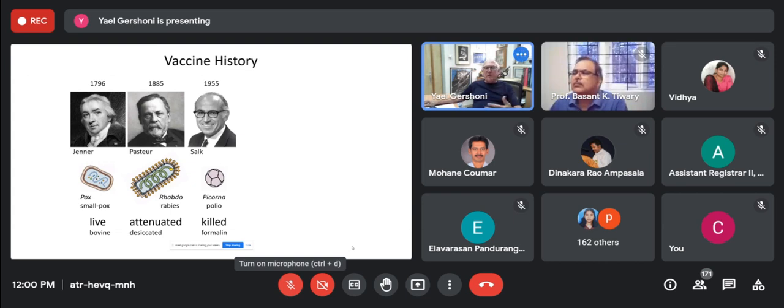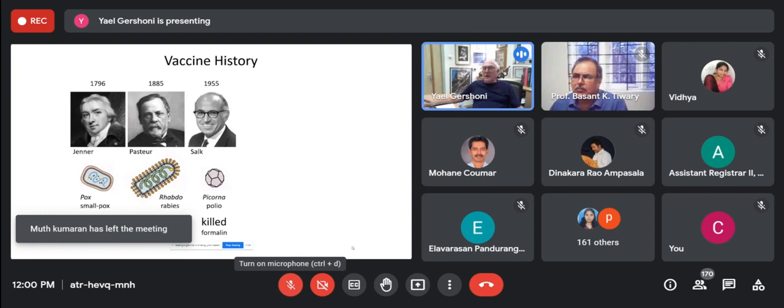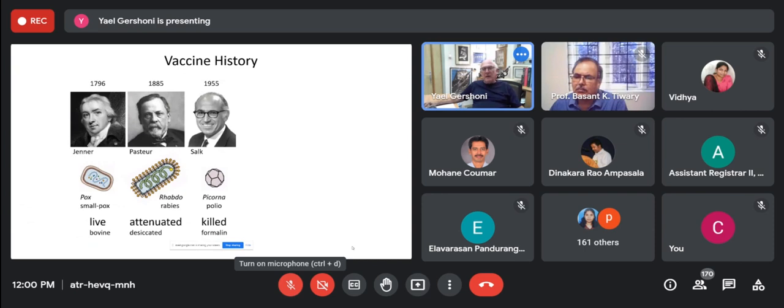And therefore, this was the classical case of a formalin-inactivated killed viral vaccine. And so we have here, as I said, live, attenuated, and killed.